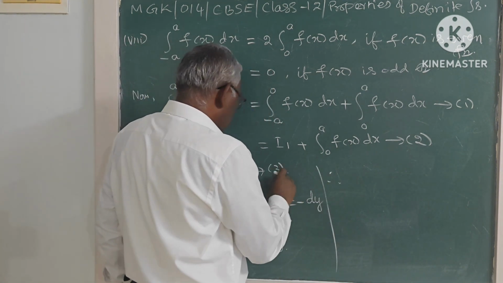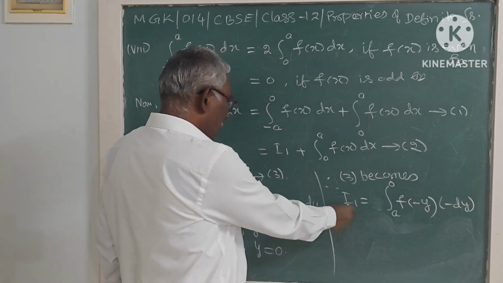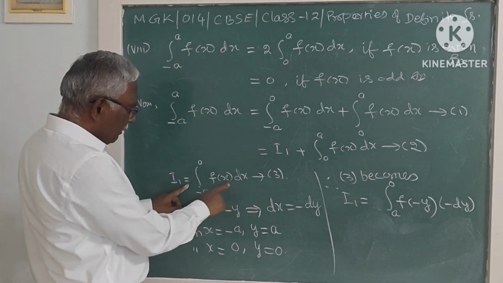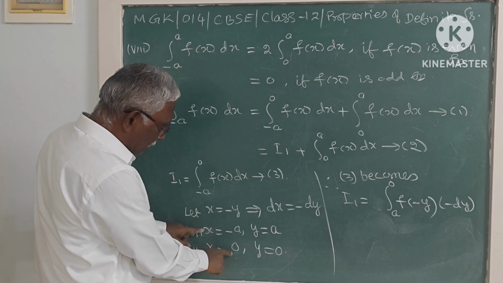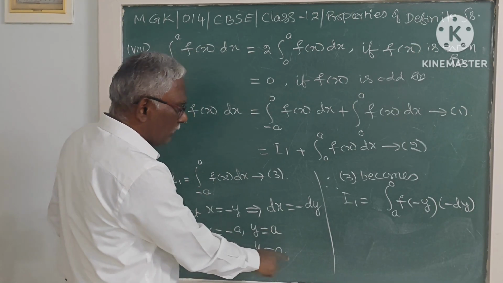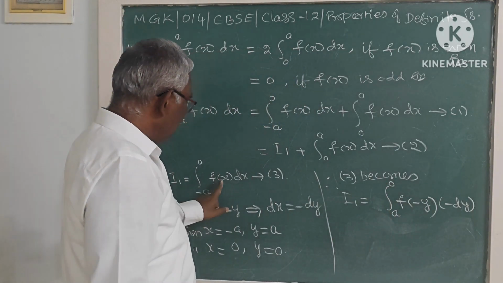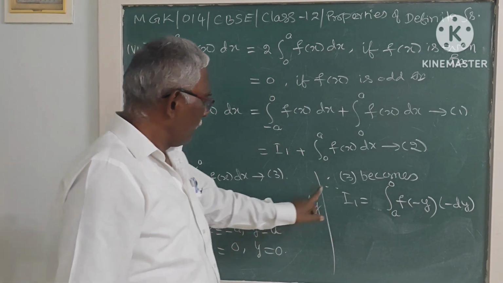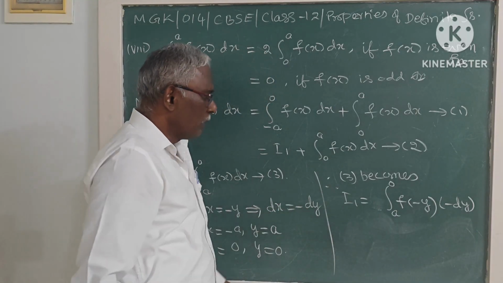Therefore 3 becomes: I suffix 1, x varies from minus a to 0, so y varies from a to 0. f of x we have taken as f of minus y, and dx is minus dy.